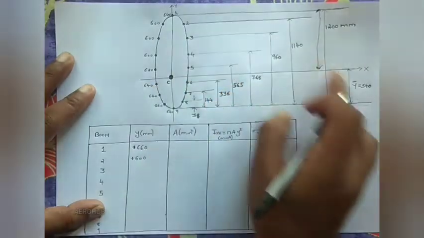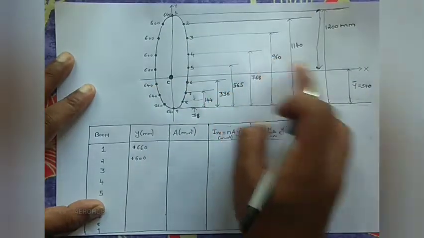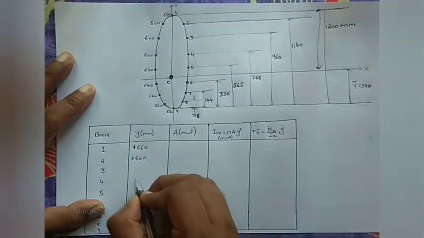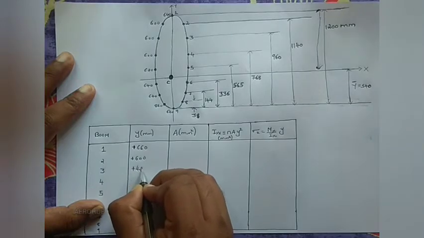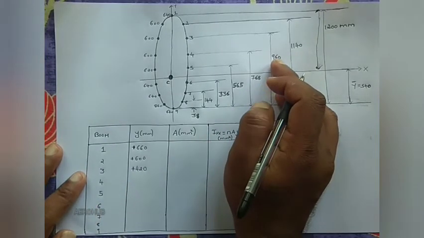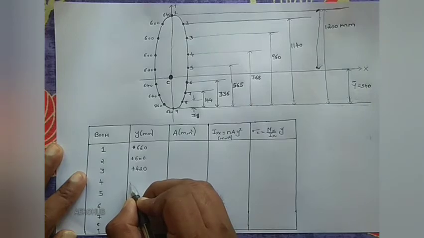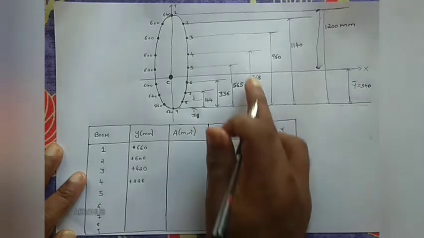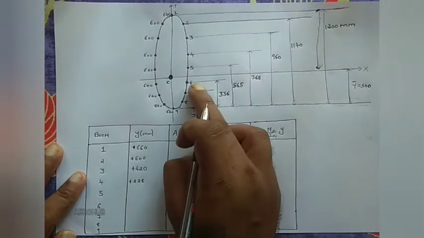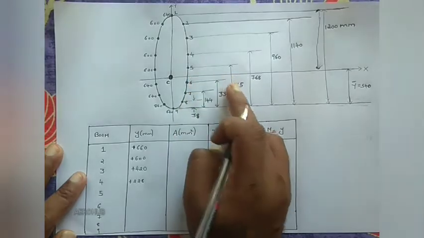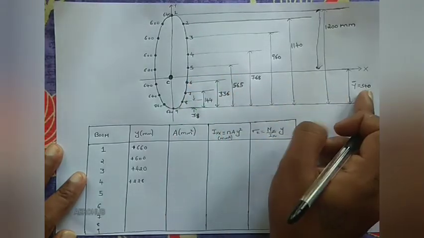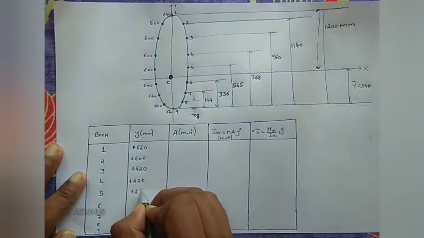For third boom area, 960 minus 540, that will be plus 420. Above the centroidal axis will be having positive value for y, and below the centroidal axis will be having negative value. And for boom area number 4, it will be plus 228, that is 768 minus 540. And boom area number 5, it will be 565 minus 540, it will be plus 25.